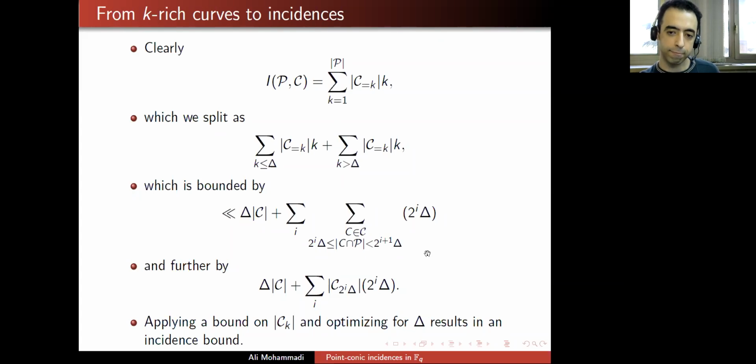As a side note, this is a very common technique in additive combinatorics. I recently saw that a majority of John Bourgain's papers have this technique in them.